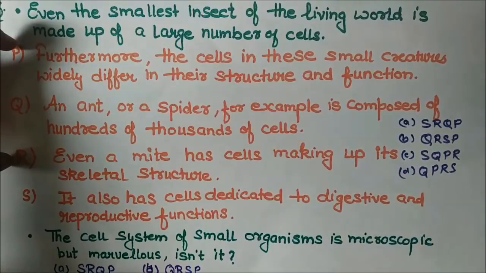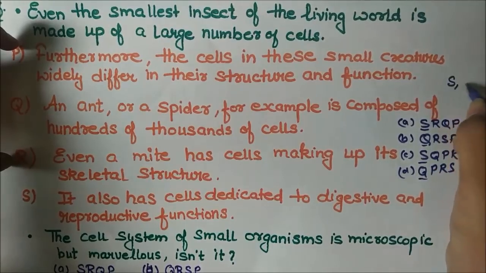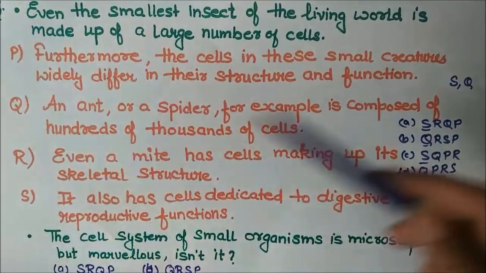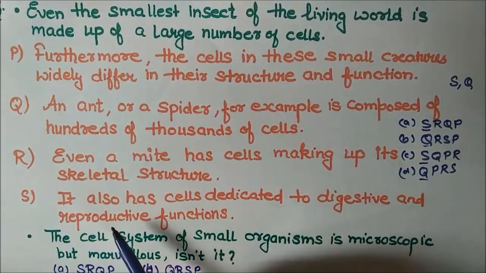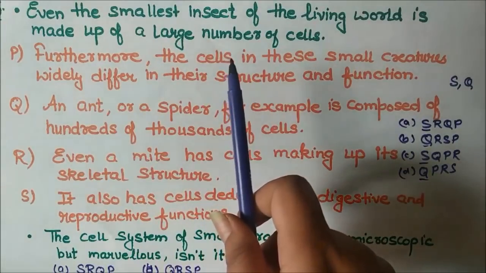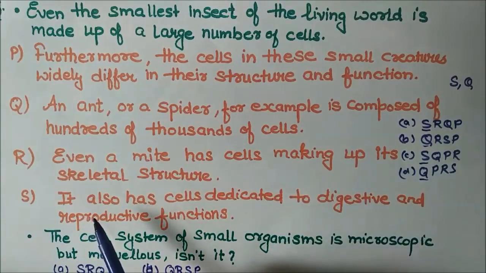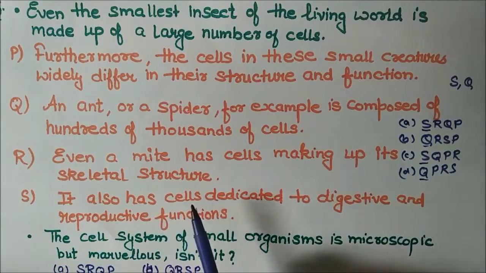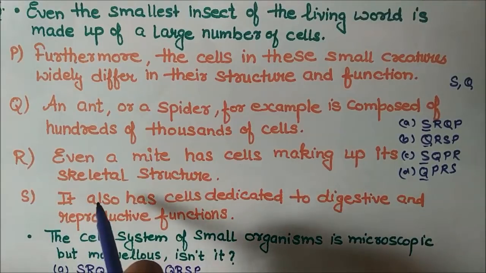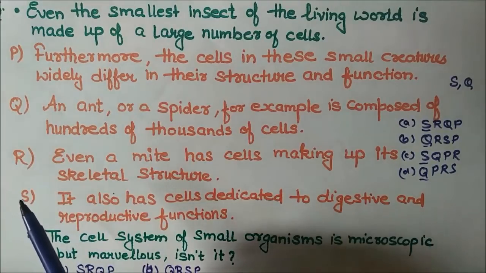I think this is an easy one to choose from the options, because see, only options starting with S and Q. So I just need to look at statements S and Q. "Even the smallest insect of the living world is made up of a large number of cells." If I go with S, "It also has a cell dedicated to digestive and reproductive function." Because the word "also" is here, something is already discussed.